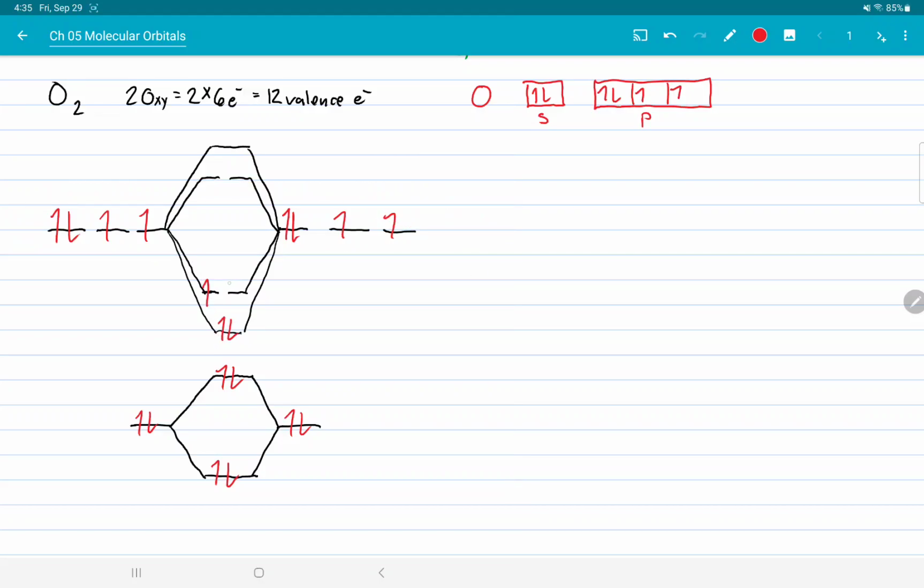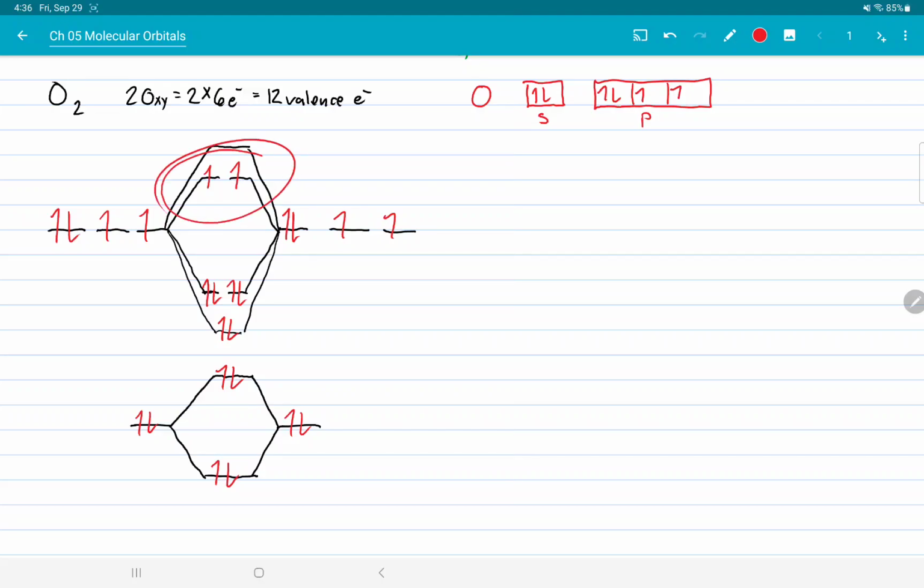1, 2, 3, 4. Now, again, Hund's rule. Those electrons are going to go in unpaired if they can. You're going to get a room to yourself if you have the opportunity. You're not going to leave an empty room just so you can have a roommate. People like privacy. Electrons like privacy. So, 8 electrons, 1, 2, 3, 4, 5, 6, 7, 8.